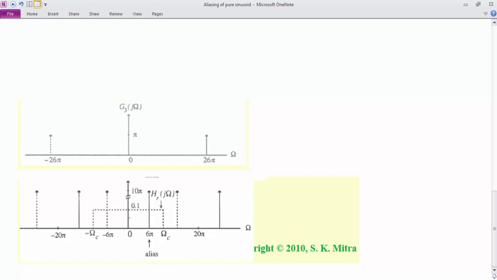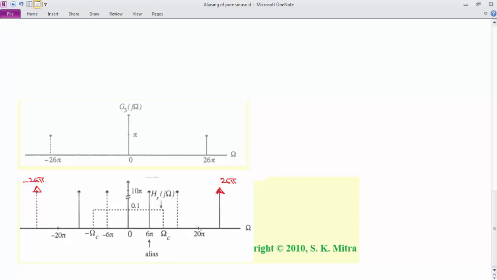So now the first main copy that we will get is due to the copy around 0, and this is what the original frequencies are: minus 26 pi and 26 pi.